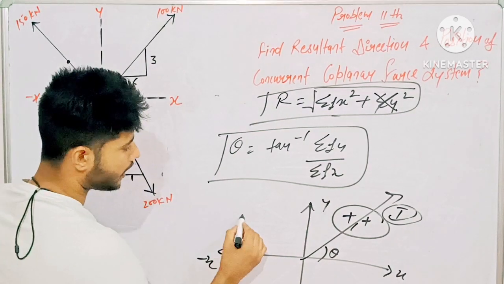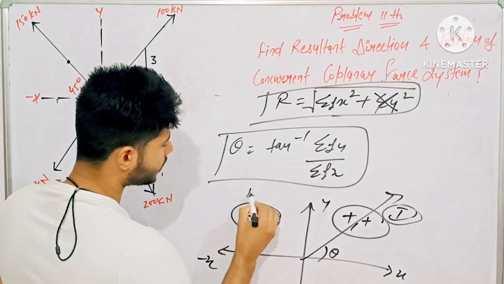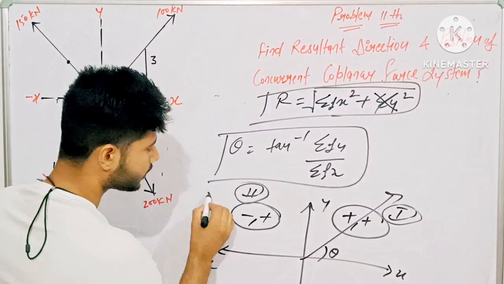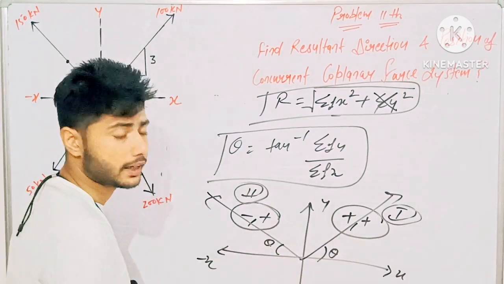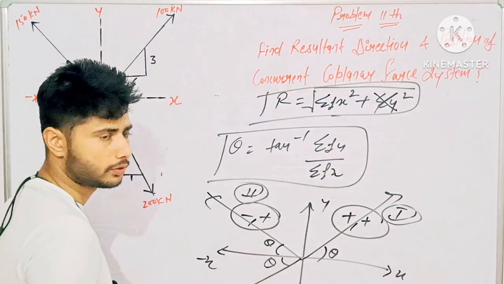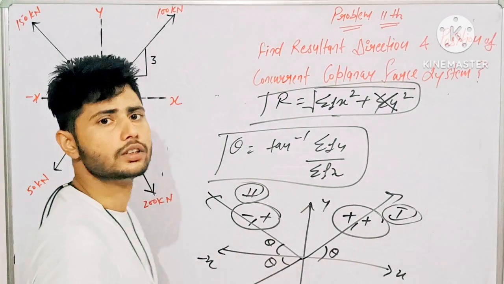If your x is negative and the summation of Fy remains positive, then your resultant will be in the second quadrant, at an angle of theta from the x-axis. Next, your resultant may be there if your summation of Fx is negative and Fy is negative.